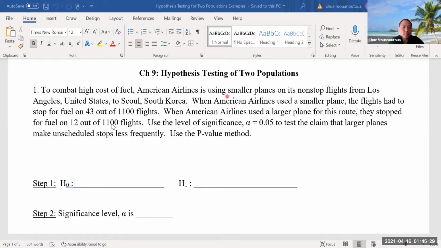To combat high costs of fuel, American Airlines used a small plane on the nonstop flight from LA to Seoul, South Korea.